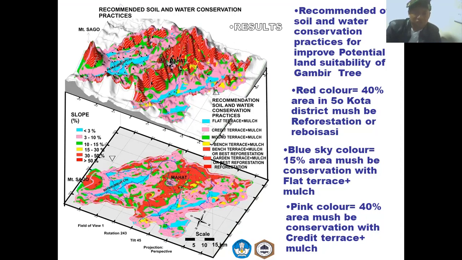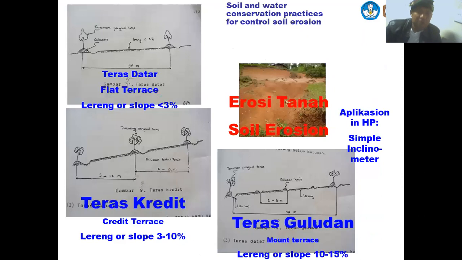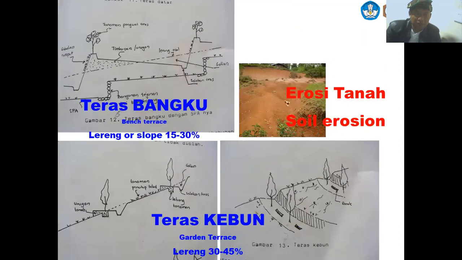And this pink color refers to 40% of the area that must be conserved with credit terraces. With these conservation practices applied in the 50 Kota district, they will improve the soil suitability in the next years. This is the model for the terrace, credit terrace, and the gully terrace, and this model shows the bench terrace and gutter terrace.